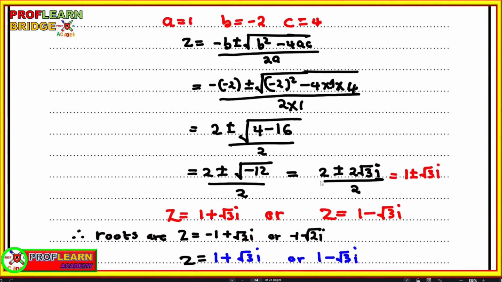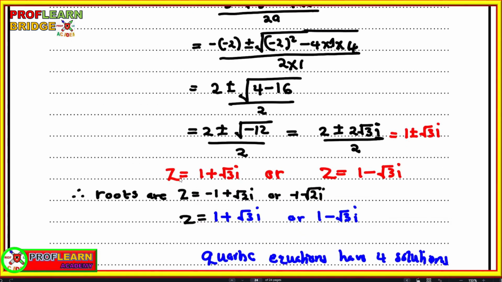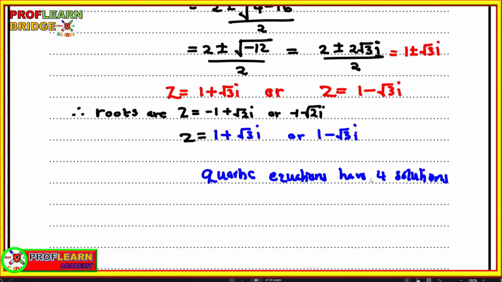Upon solving, you are going to get your solution to be plus or minus root 3i. So another root is z equals plus root 3i, or z equals minus root 3i. So that's what you are supposed to do. And now these become the four roots of this equation.